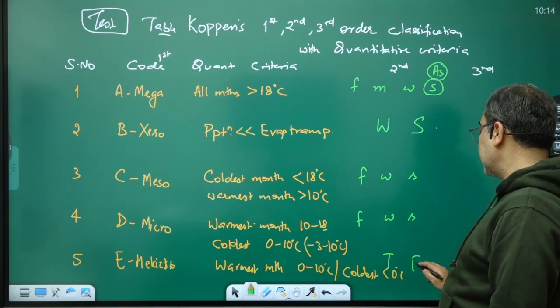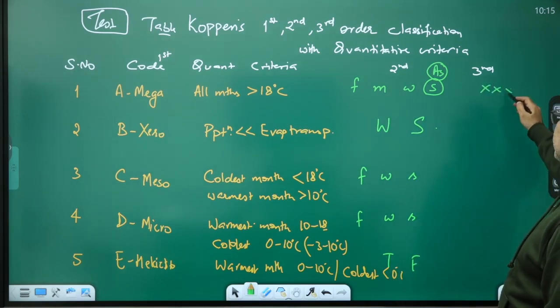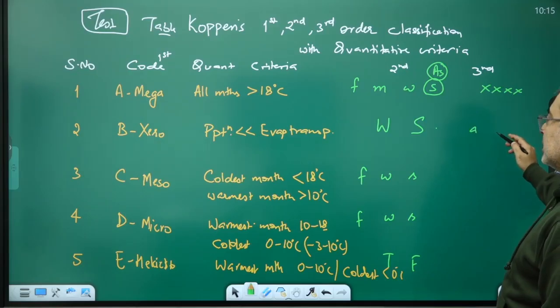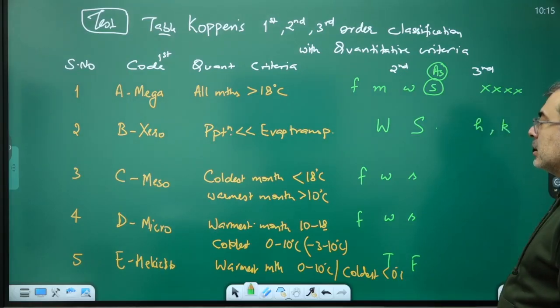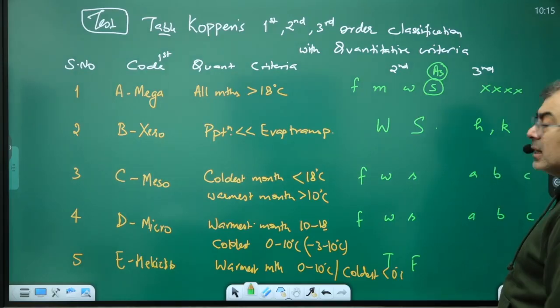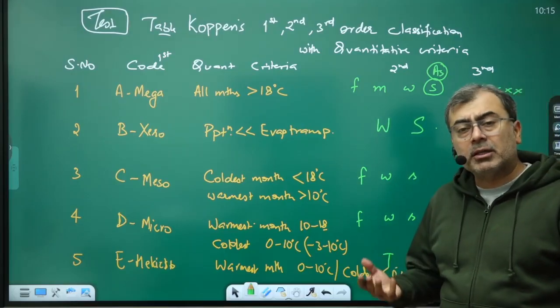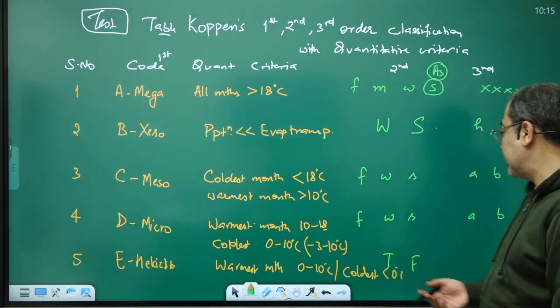Third classification: this one did not have anything. This one had hot and cold. And this one had A, B and C, and A, B, C, D. These are effects of continentality, how cold and how dry it can be. So that is what we had written in this.